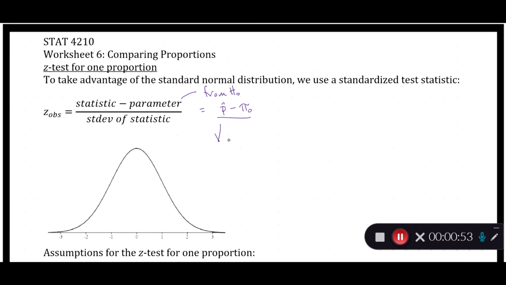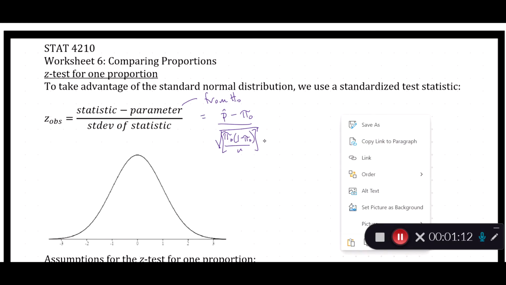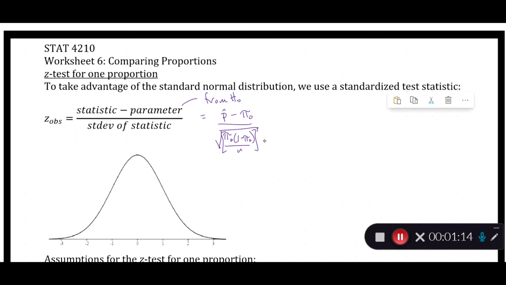But unlike what we've seen before, this is also going to be based partly on the hypothesized value. So the standard deviation of our statistic is the square root of pi naught times 1 minus pi naught, all over n. So this whole thing is under the square root.